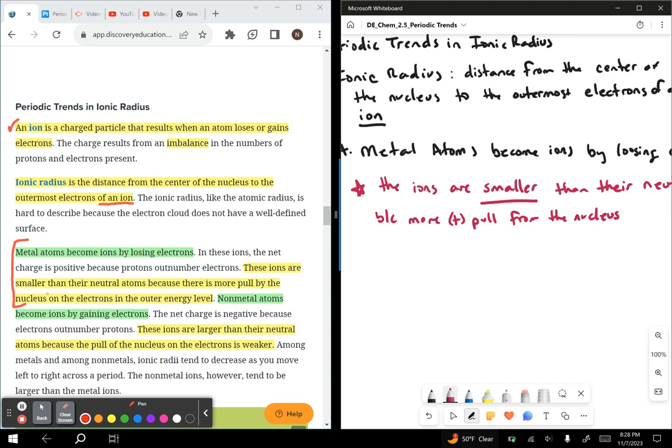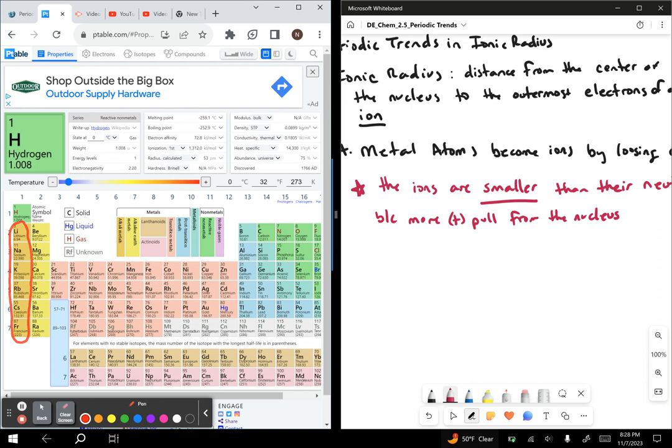Non-metal atoms, so now we're talking about things on the right-hand side of the periodic table, become ions by gaining electrons. Remember your non-metals. They tend to gain an electron. Carbon has 4 valence electrons and needs 4 more. Oxygen has 6, and it just needs 2 more valence electrons.